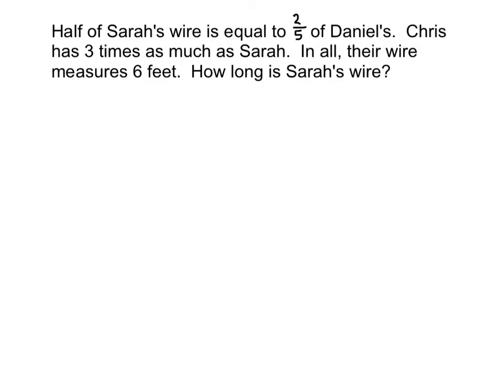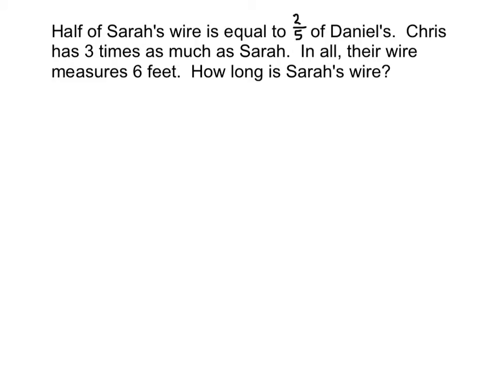This next problem is enough to scare all of your parents. Half of Sarah's wire is equal to 2/5 of Daniel's. Chris has 3 times as much as Sarah, and all their wire measures 6 feet. How long is Sarah's wire? My goodness, how do we start this? Well, we have a similar start to the last problem.